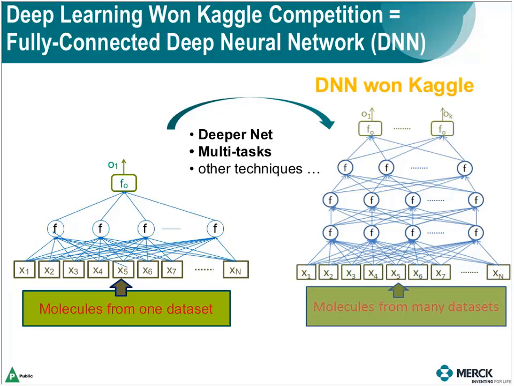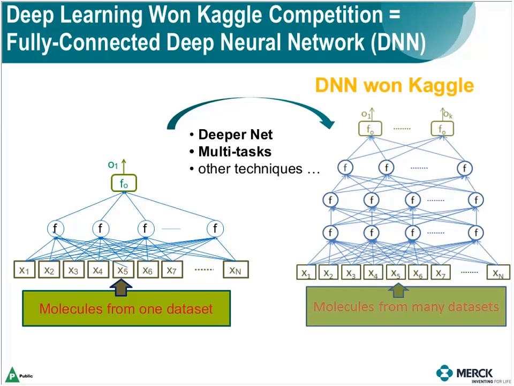Clearly you can see 2 major innovations in this winner method. One is that it makes the neural net deep, with multiple hidden layers.